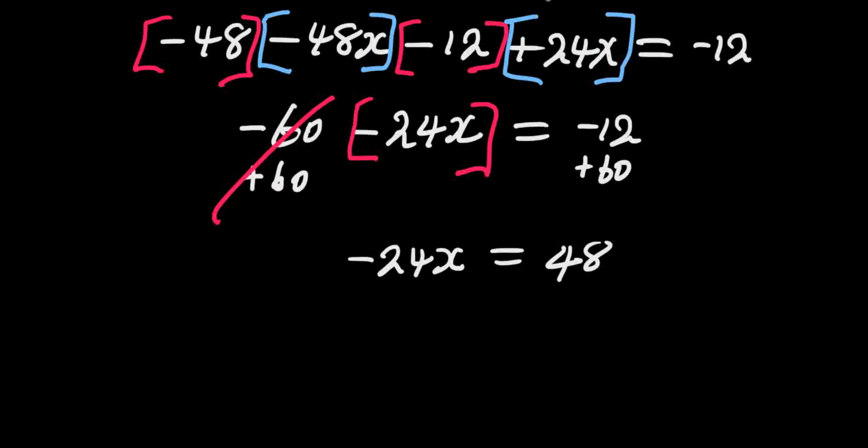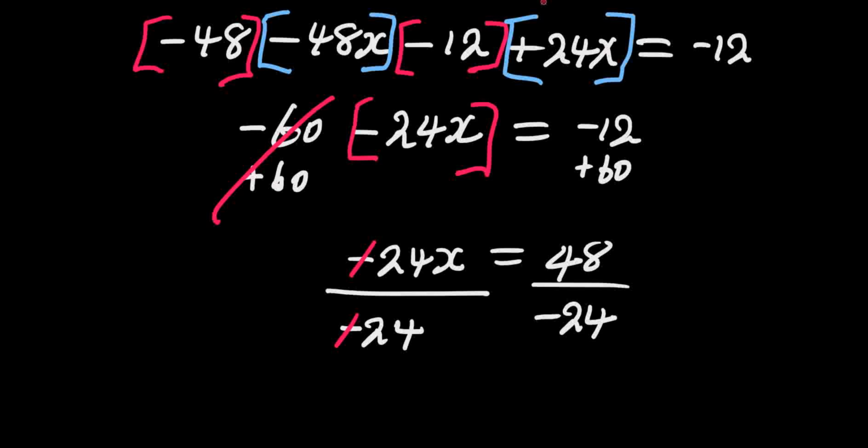So now, let's divide both sides by the coefficient of x. The coefficient of x is negative 24. So this is negative 24. Divide both sides by negative 24. Negative will cancel negative from here. And 4 will cancel 4 from 24.